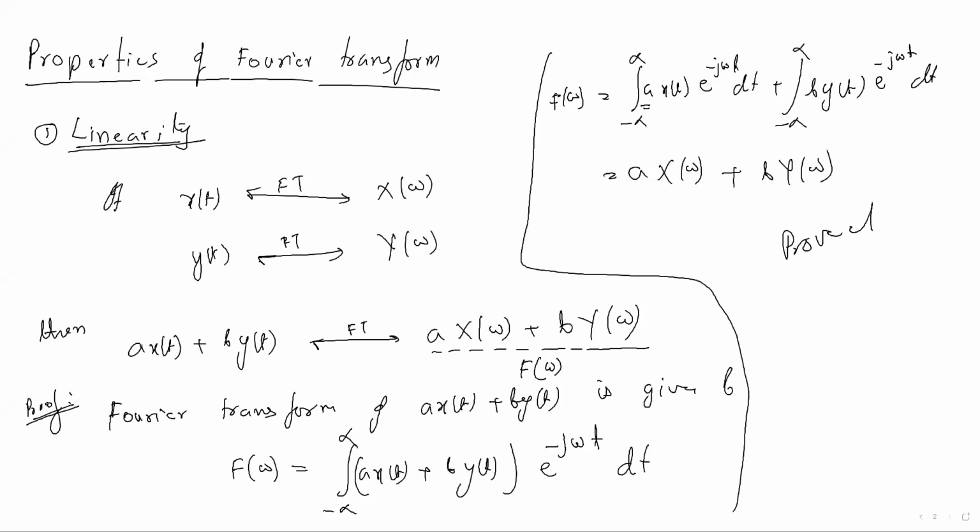Instead I am writing: the Fourier transform of a x of t, b y of t. Then it will not confuse you. In the Fourier series also you can write like this, but if you write FS or FT like this, then you will get confused. That's why I am writing like this. Please take the note.